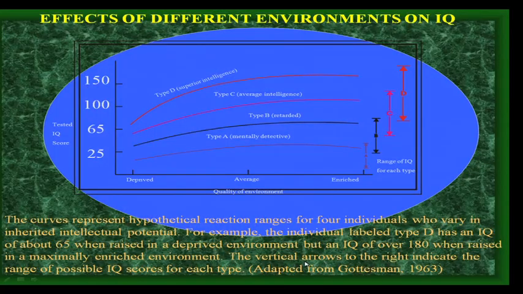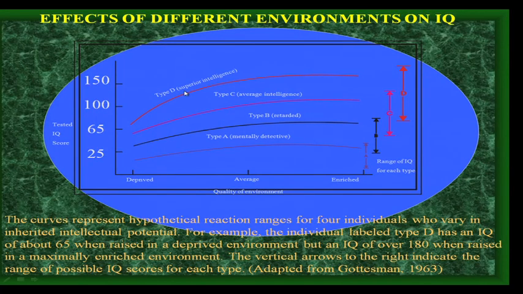In other studies, the effect of different environments on IQ is shown, with IQ scores compared with the quality of environment. In order to study the influence of environment in a clearer way, you can nurture a child in 3 different environments. You will find their IQ scores to be very different. You can easily see here the differences in their IQ scores.